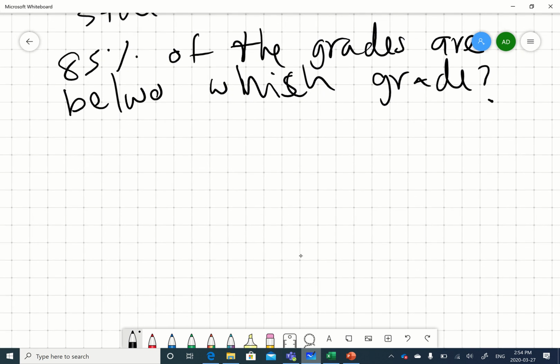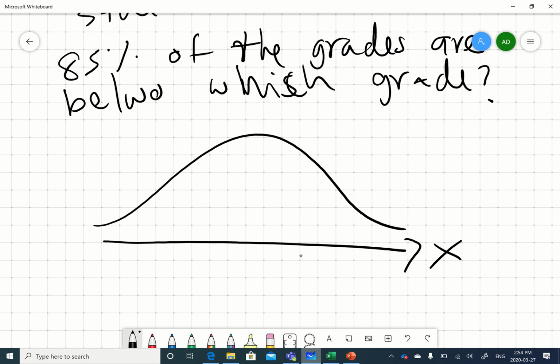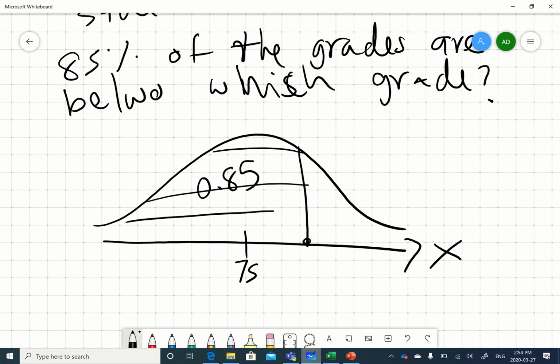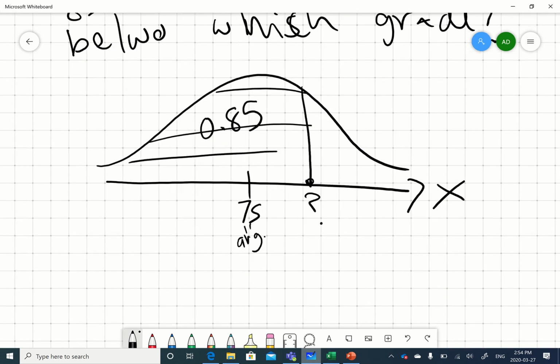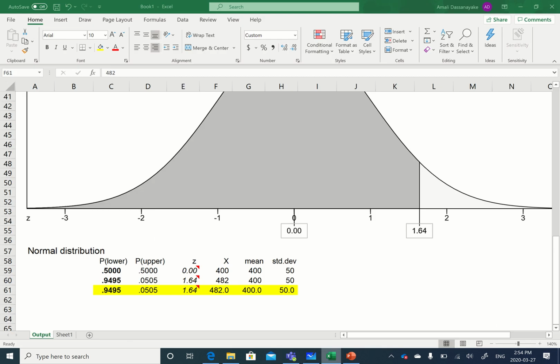So you have your normal distribution, exam scores is your variable, 75 is the mean. 85% of the area is below which grade? This is the average grade, 75, and I want to know 85% is below which grade. So you go back into Megastat.